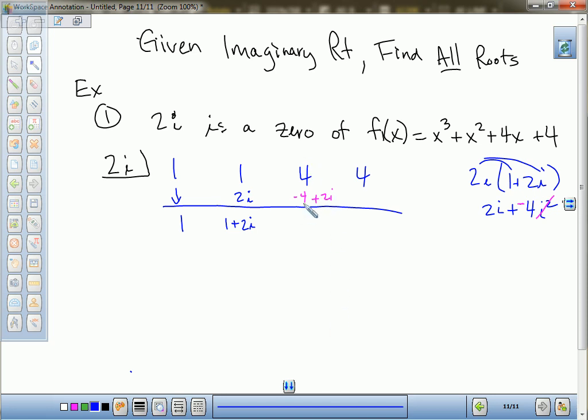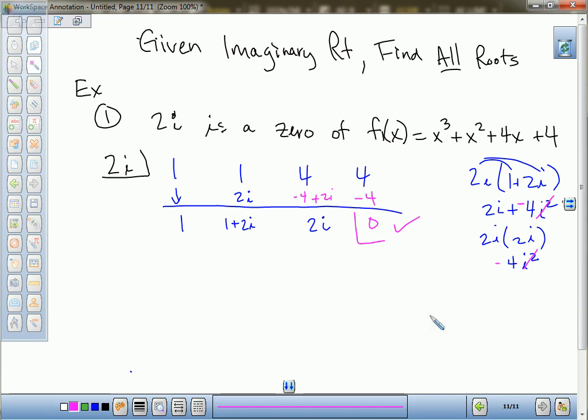Okay, so you can already see some stuff working itself out. What happens to the 4s? They cancel. It's already clearing itself up. So now my next step is to do 2i times 2i, which is 4i squared. But what is 4i squared? Negative 4. And my first check step tells me I'm on my way.